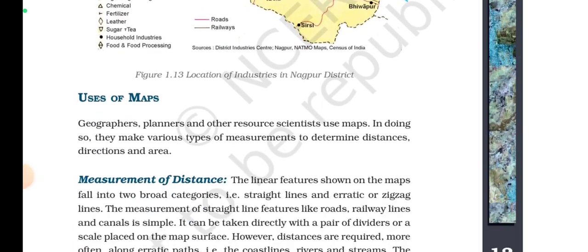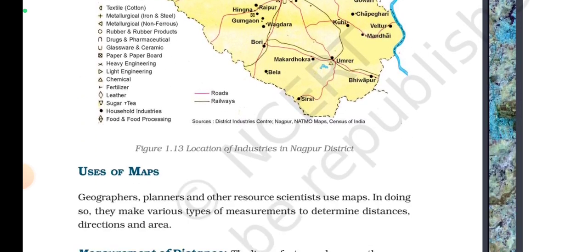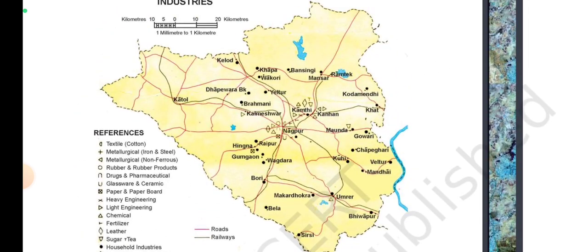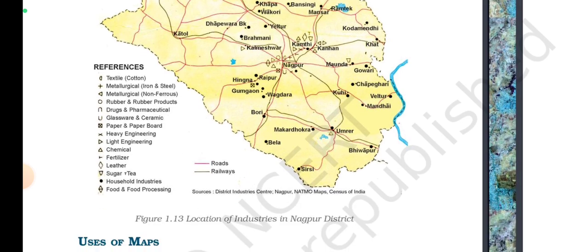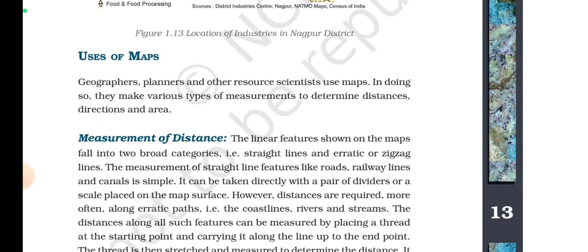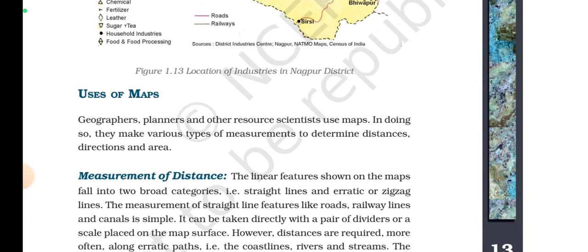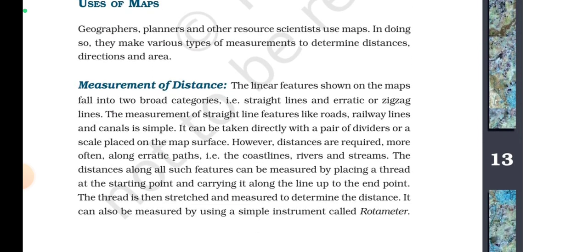Industries come under economic maps. So these are basically theme based maps. I don't know why it is not mentioned here, theme based map is a type of map as well.